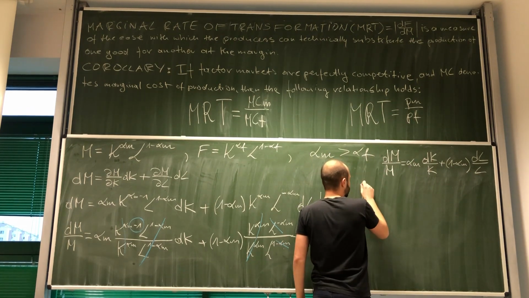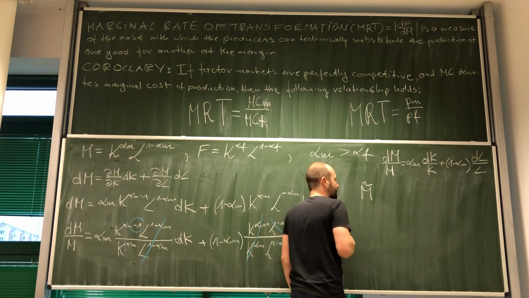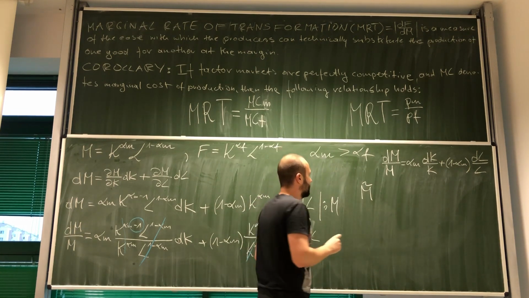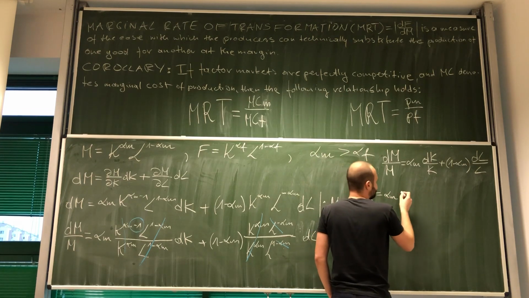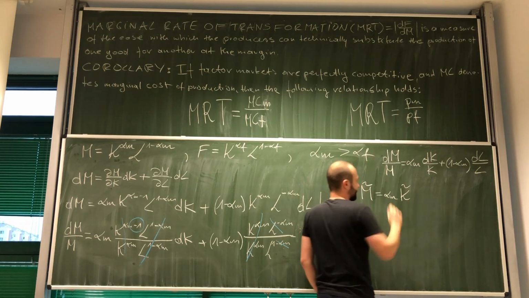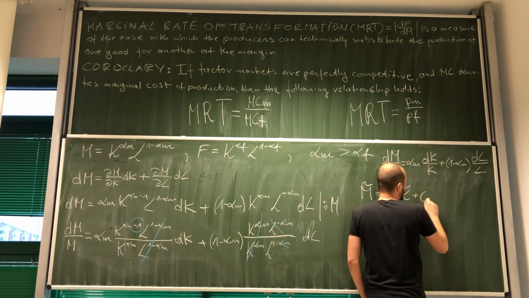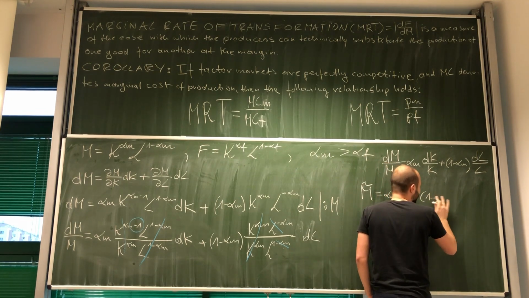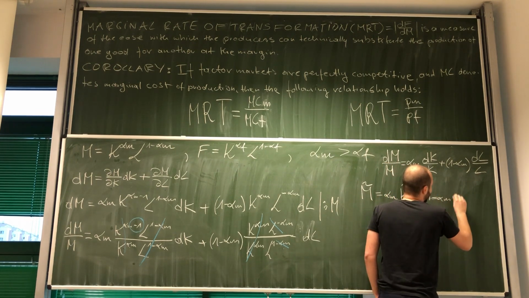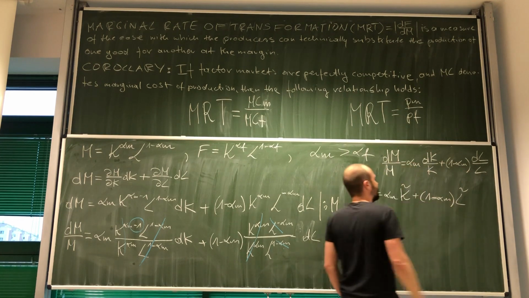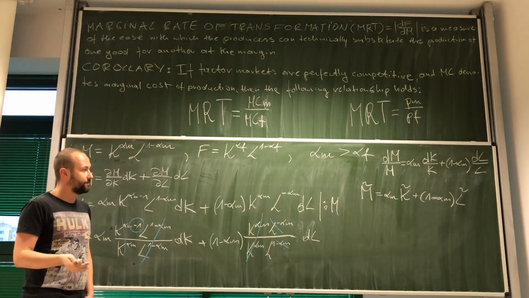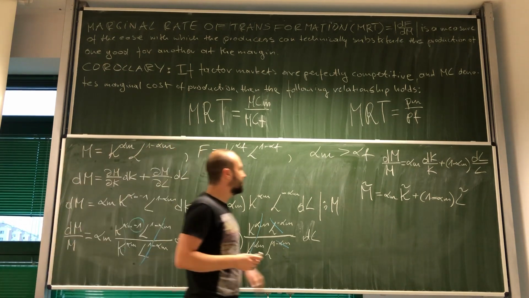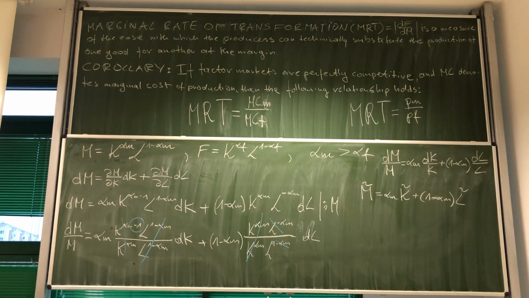Relative change in level of manufacturers is equal to alpha m times relative change in capital plus 1 minus alpha m times relative change in labor.